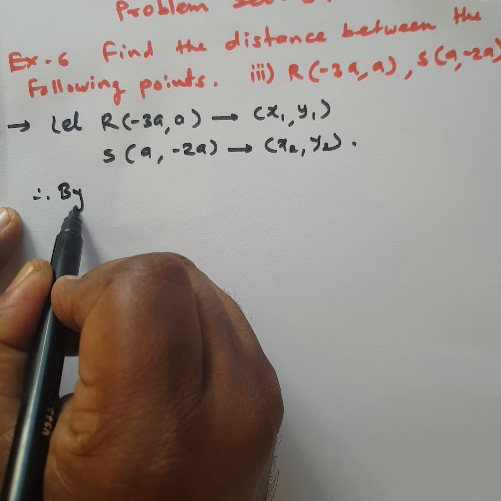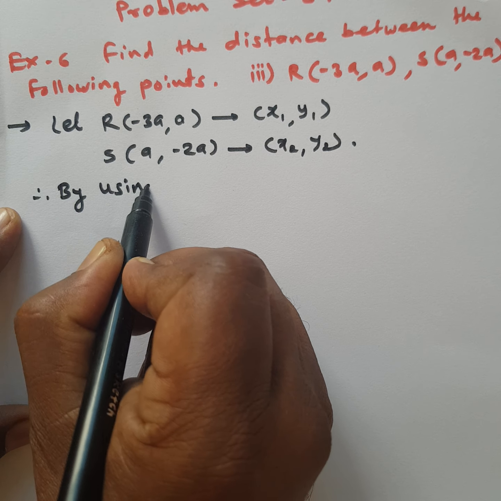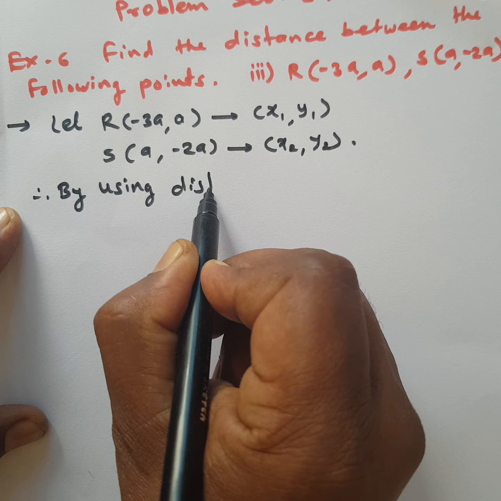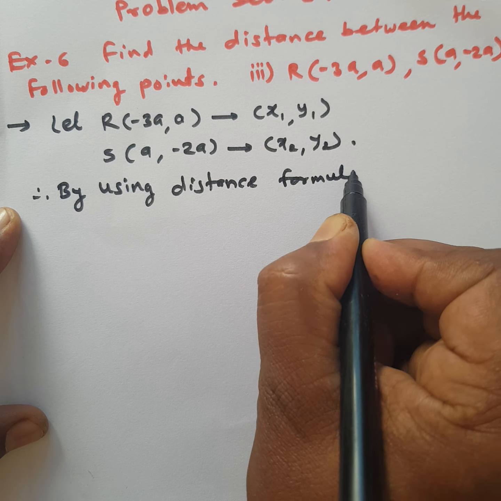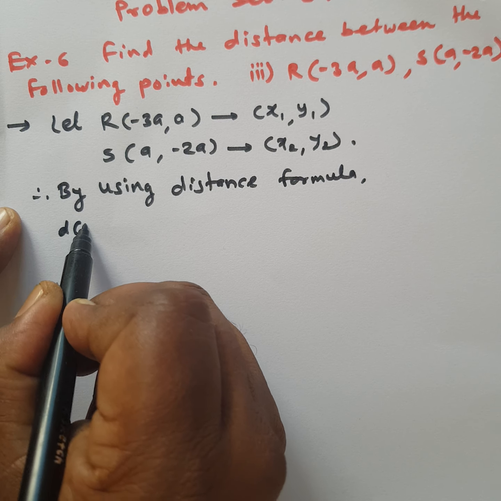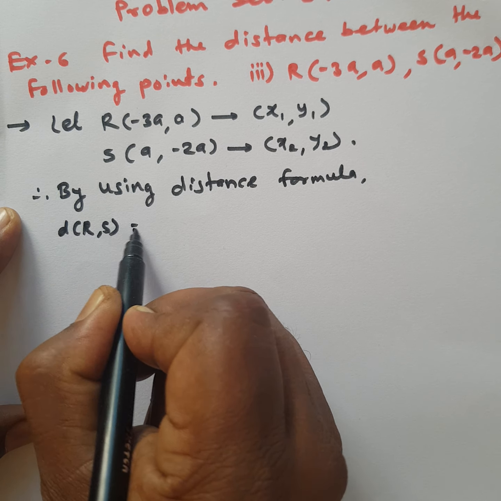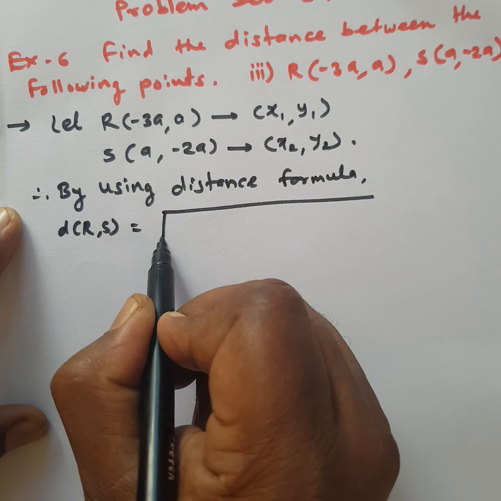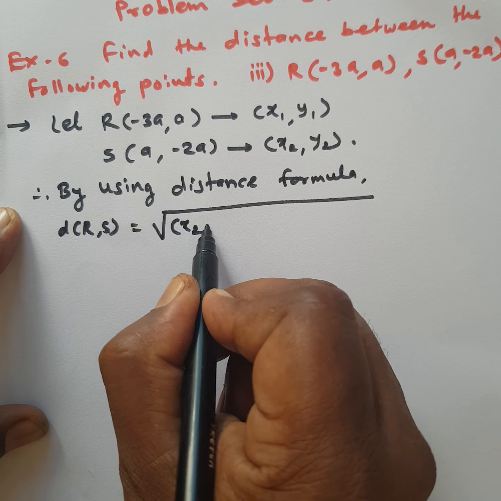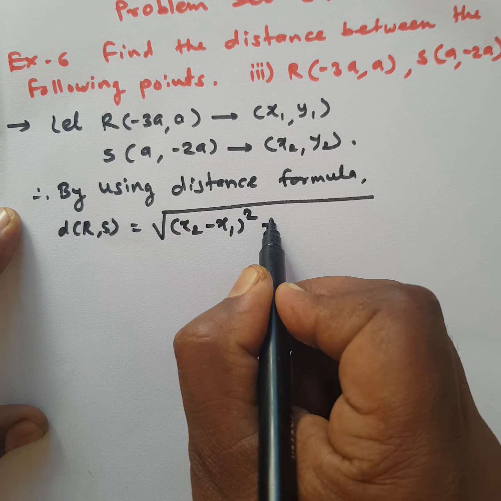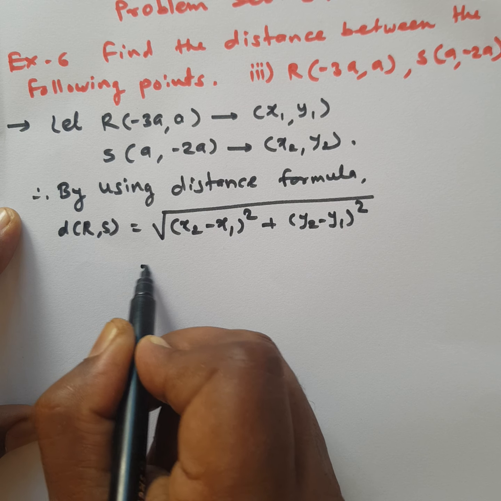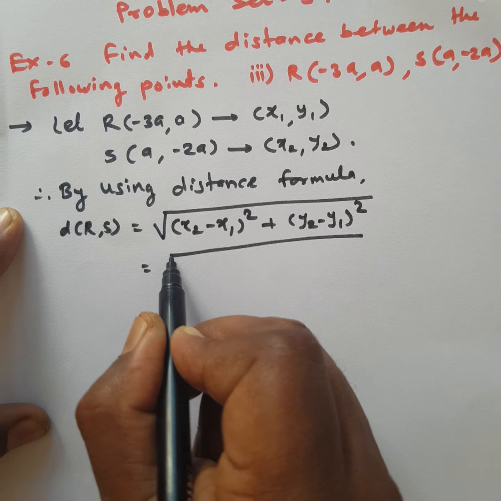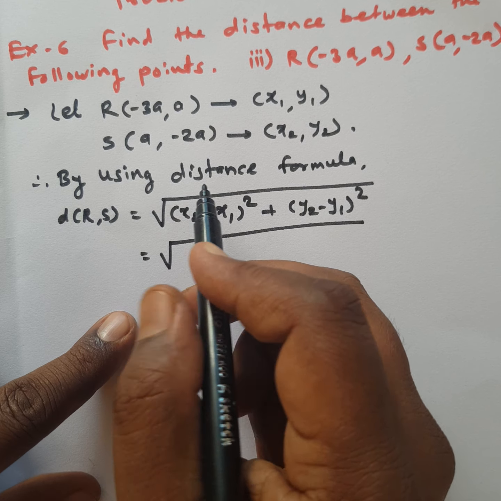Therefore, by using the distance formula, distance RS is equal to the square root of (x2 minus x1) squared plus (y2 minus y1) squared.